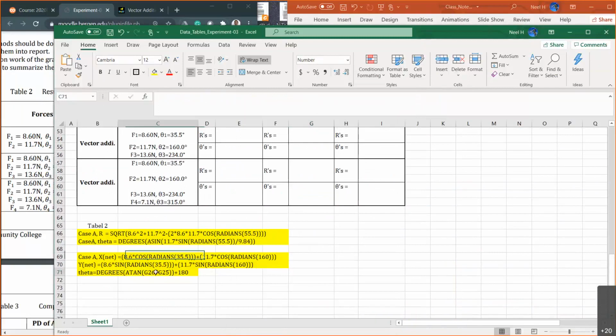Right here. Okay, then reformat the cells to about 3 sig figures. Not really meaningful having more than 3. Okay, good. Any other question?